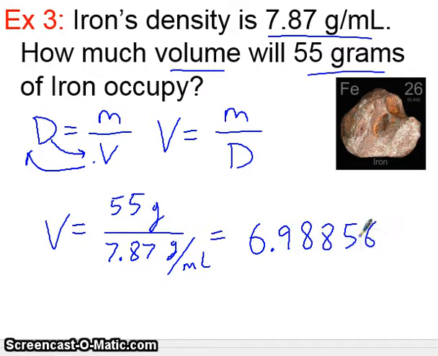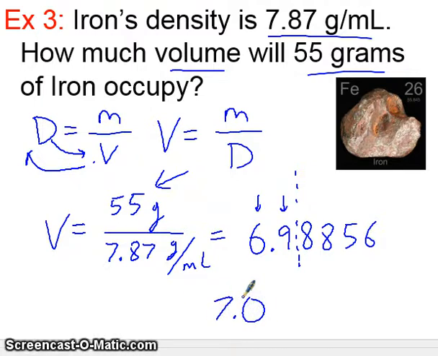6.98856. Again, following significant figure rules, our least is 2. Remember, with division and multiplication, we go by the least. So we'll have to get this down to 2. Now, in order to get this to 2, we have to cut it off right here. And this 9 will get rounded up to 0, which will round up the 6 to a 7. So really, we have 7.0 for our answer.